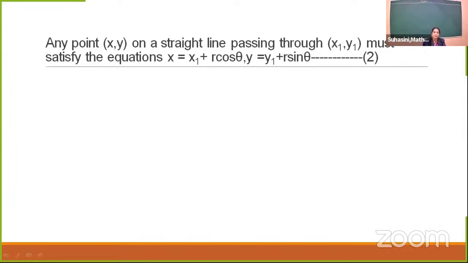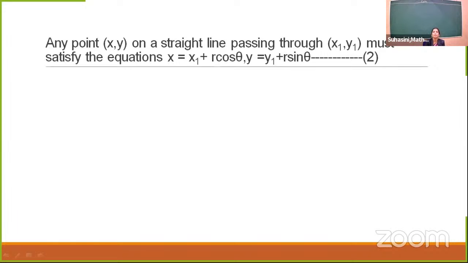Any point (x, y) on the straight line passing through (x1, y1) must satisfy the equations x = x1 plus r cos theta, y = y1 plus r sin theta. Observe children, a line is passing through P, and we know a point on the line, which is (x1, y1).